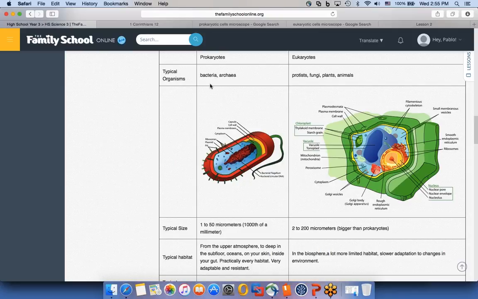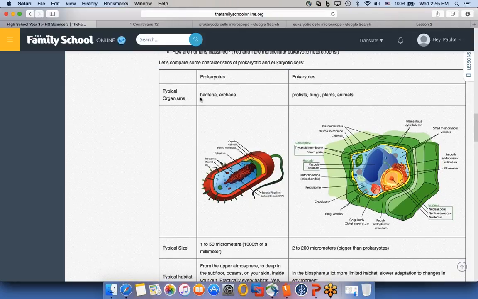Okay, so if you look here at the table where it says prokaryotes, bacteria, and archaea, and then eukaryotes, protists, fungi, plants, animals, viruses are in neither of these lists. I was reading about it and found out that there is actually a debate in the scientific community about whether to consider viruses as living or not.